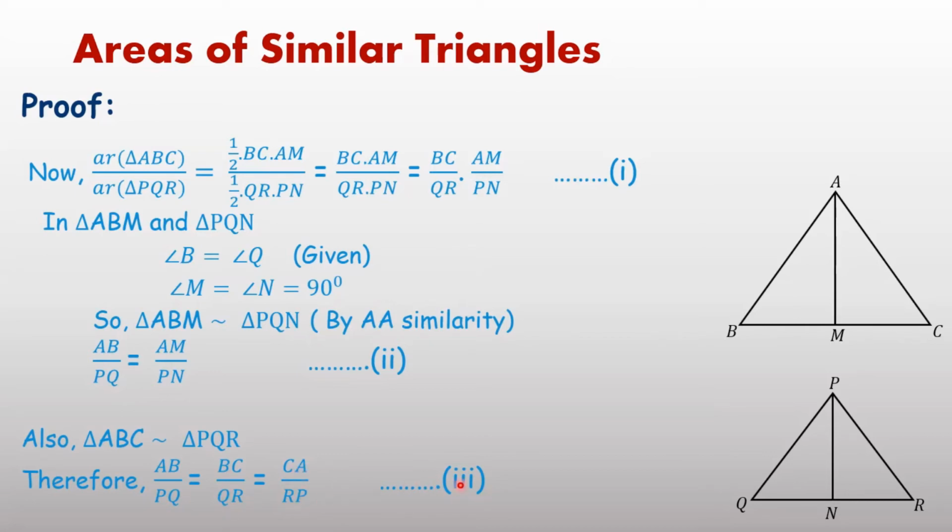Equation third. Just combine second and third, because the value of AB upon PQ is also given as AM upon PN. In combined form we can write AM upon PN equals AB upon PQ equals BC upon QR equals CA upon RP.